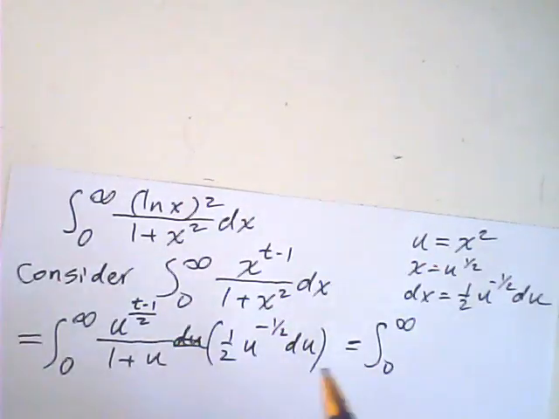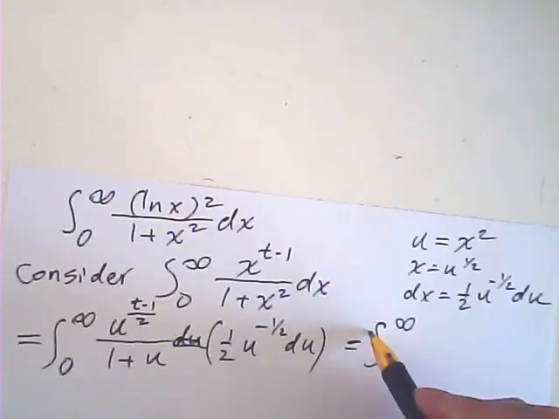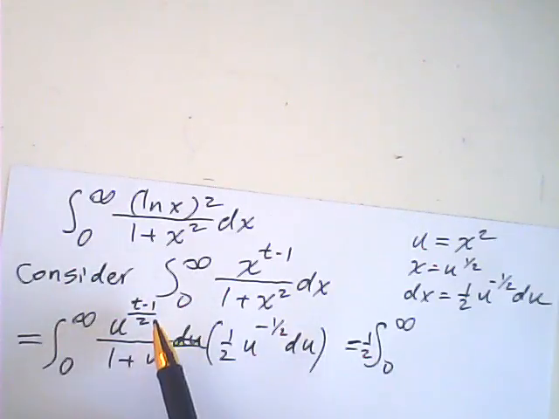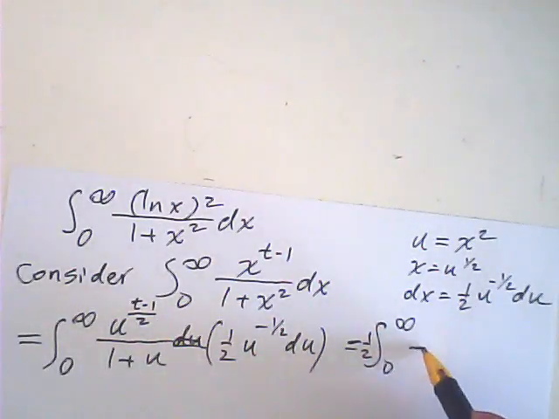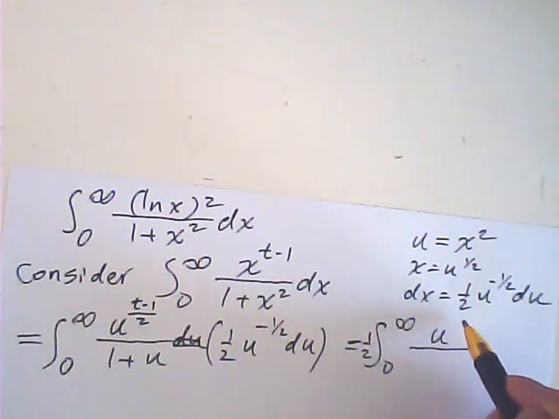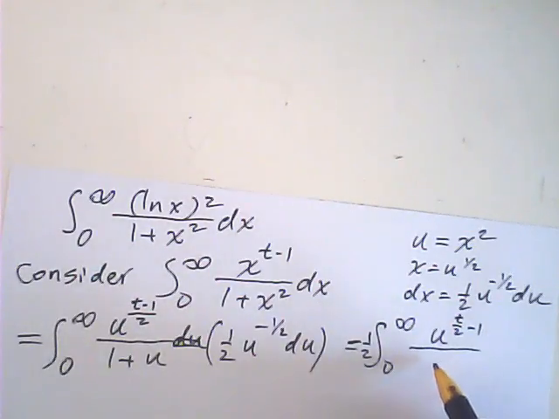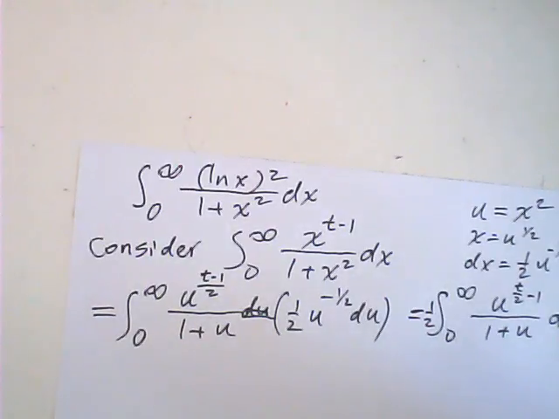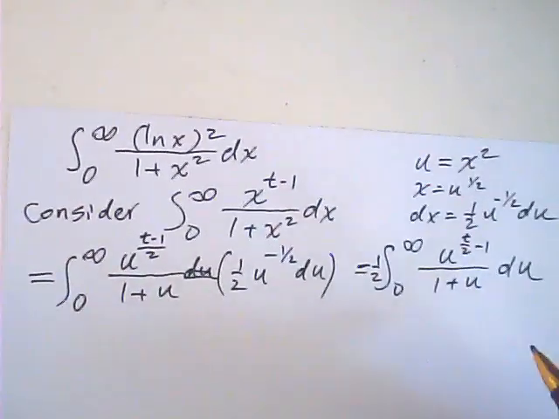Now I combine this with that. I take 1/2 out, and this combined with this one becomes u to the half t minus 1 du.